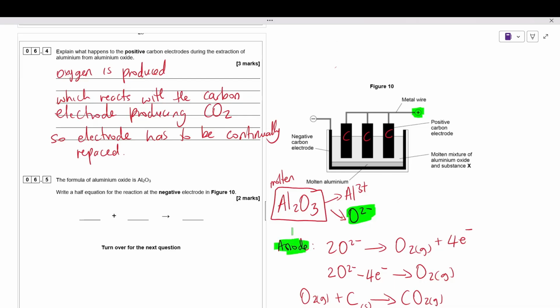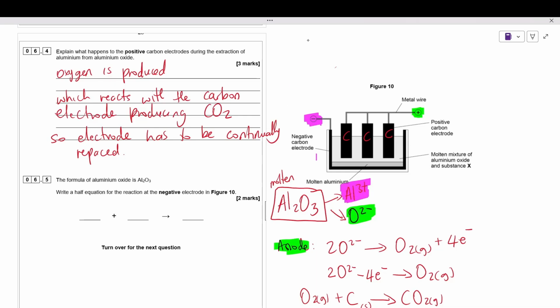Now the next question says the formula of aluminum oxide is as such. We've written that already. Write the half equation for the reaction that's taking place at the negative electrode. And again, opposites attract. So we know that at the negative electrode, which is your cathode, that will be your aluminum ion.